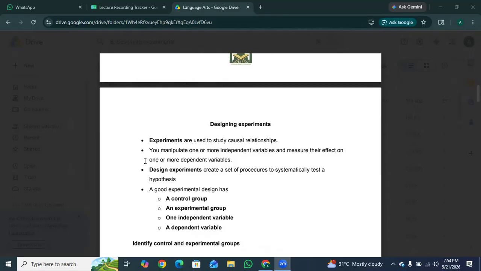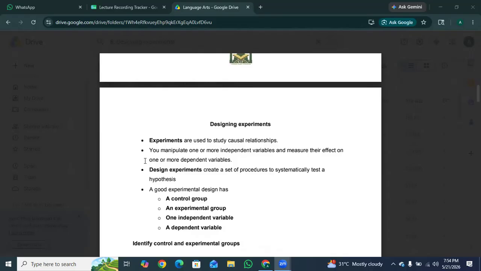And the dependent variable is the thing you measure to see how it reacts, basically the effect. Let's take a simple and easy example. If you want to see if water makes a plant grow taller, the amount of water is what you change, so it is independent. And the plant height is what you measure, which is dependent.